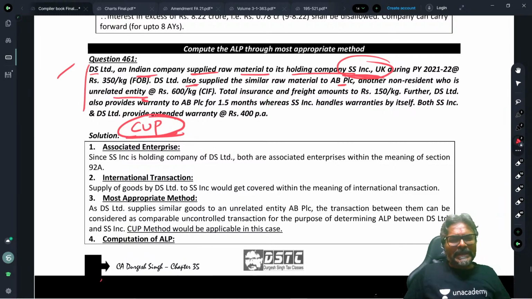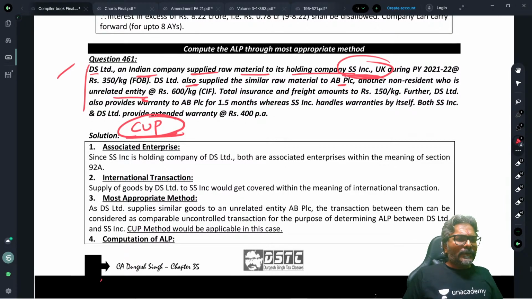The next step, students, is to do the adjustment in relation to what? The uncommon factors between the two transactions. So in respect of those uncommon factors, the adjustment needs to be done.